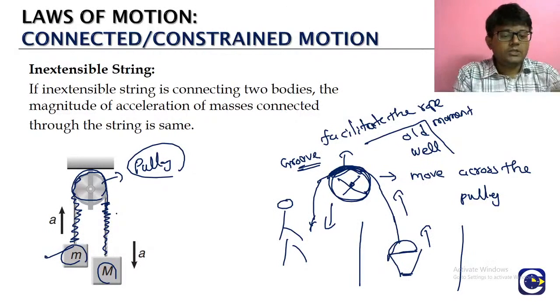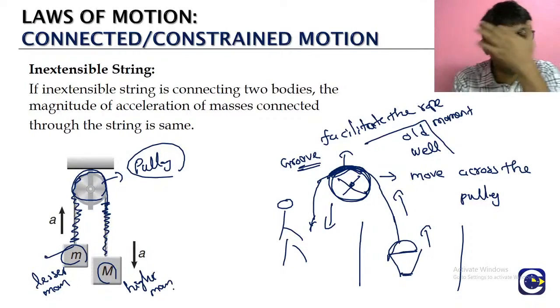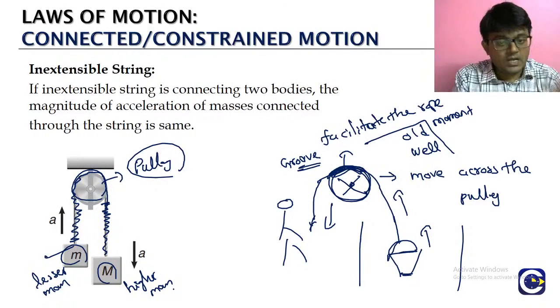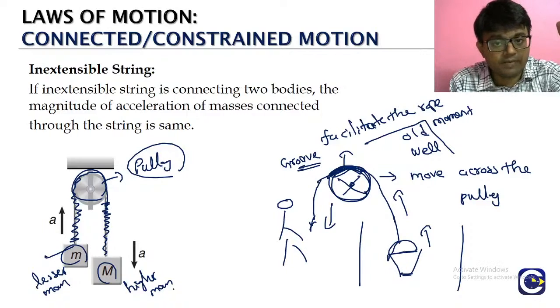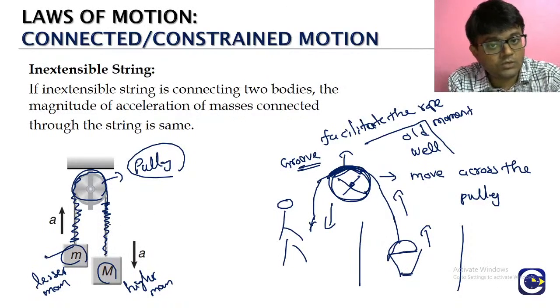Imagine small m is a lesser mass and capital M is a higher mass. So what do we observe? The higher mass body will go down and the lower mass body will be going up. So the rope on this side will go down and the rope on the other side will be going up.